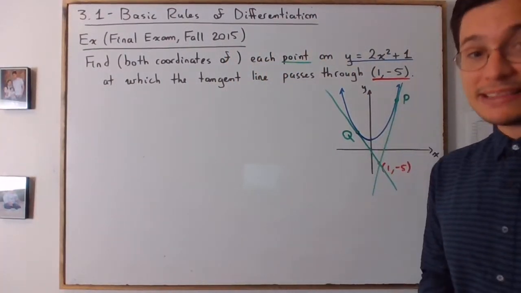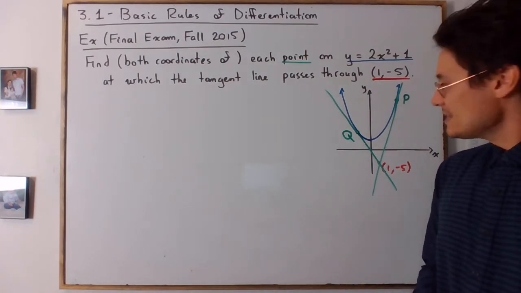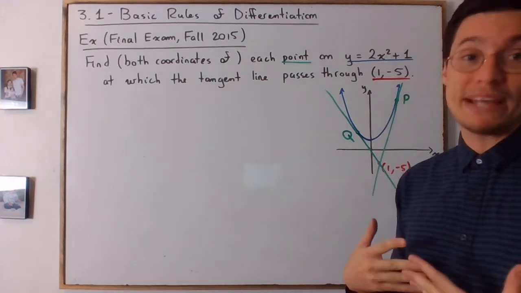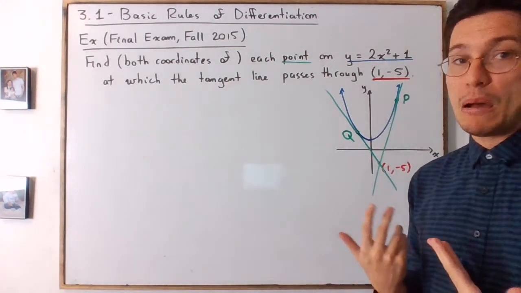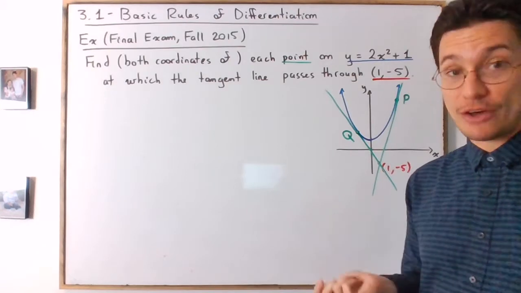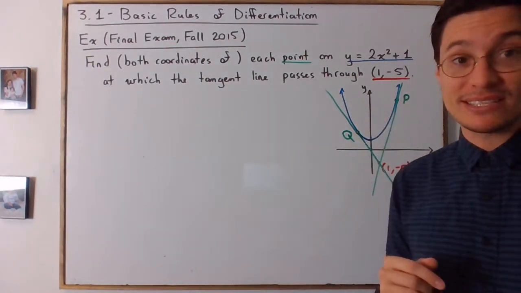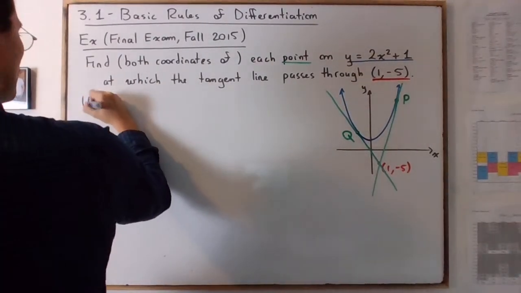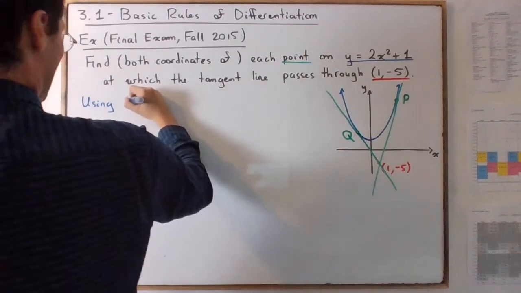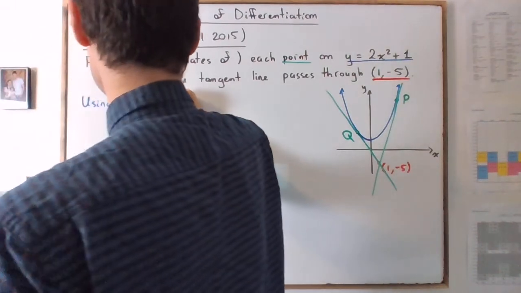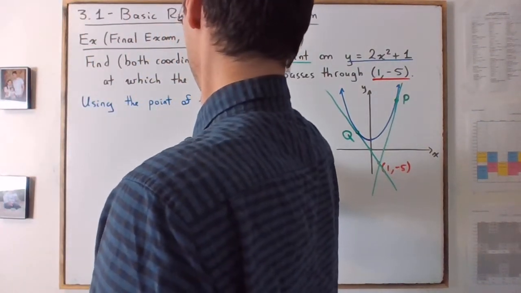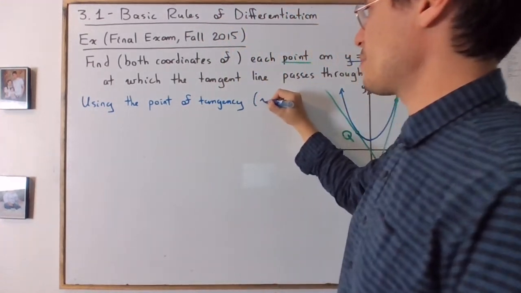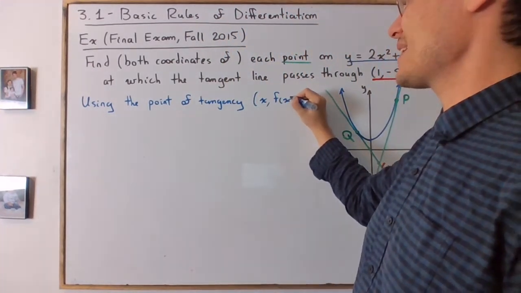Now, the basic technique of this problem is to realize that for each of the green lines that you have over here, there are 2 ways to compute the slope. But they both have as an unknown the point of tangency. Using the point of tangency, and remember that the point of tangency is just (x, f(x)).